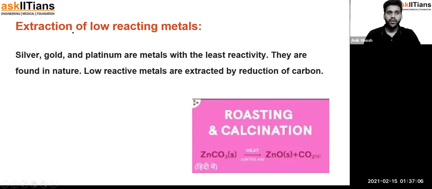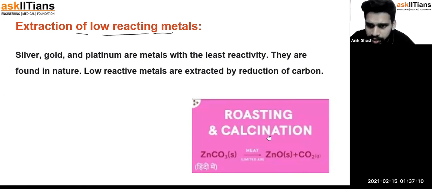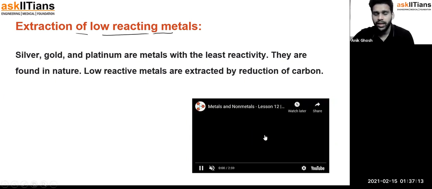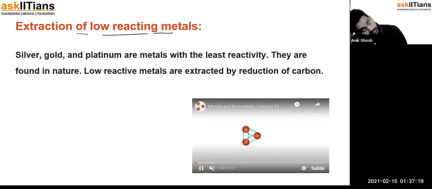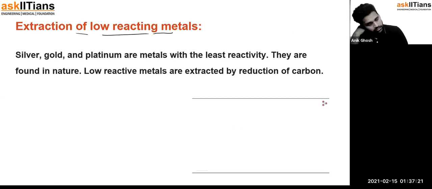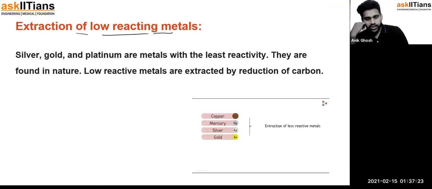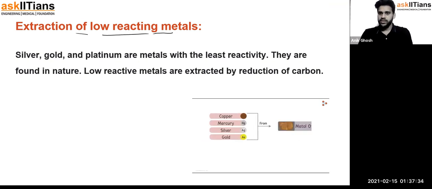Now, extraction of low reactivity metals. Before going to that, let's watch a video on roasting and calcination. So as you can see, extraction of less reactive metals, all of them are below hydrogen in the metal activity series.